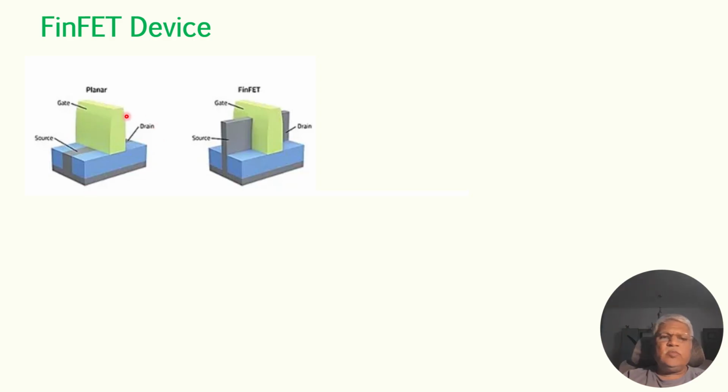Let us know more about the FinFET device. Here, let us first start with the planar device, which we are all well familiar with. So here, this is the source and this is the drain part, this is the gate. This is the planar transistor. But in the case of FinFET, there is an extra fin here, and this will be connected to the source, this will be connected to the drain, and this is the gate.